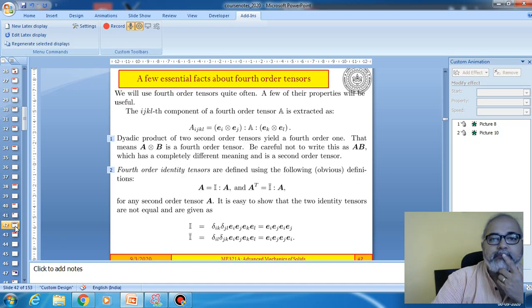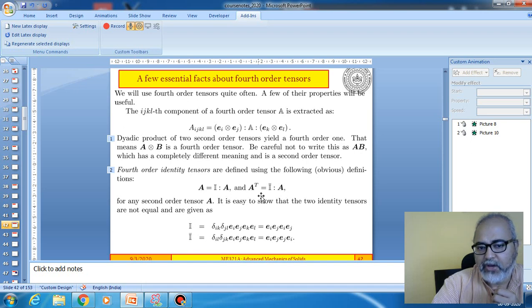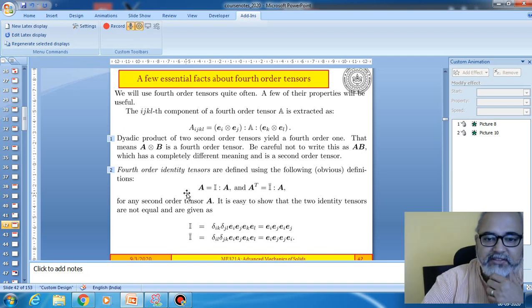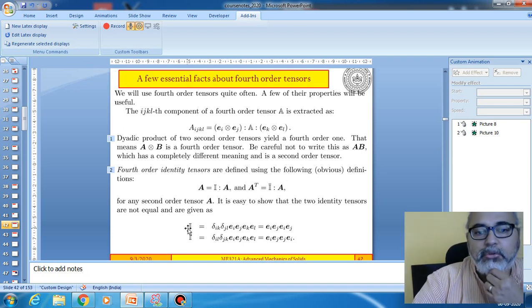Finally, fourth order tensors have two identity tensors. One multiplies with a second order tensor to give its transpose, and another multiplies with the second order tensor to give the tensor itself. So these two are fourth order identity tensors.